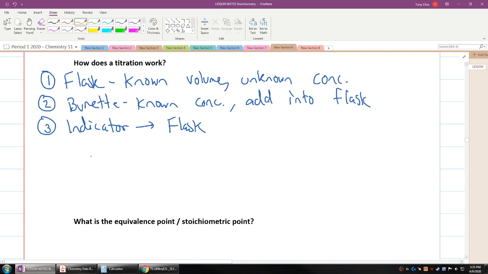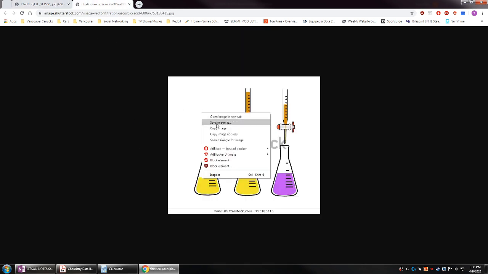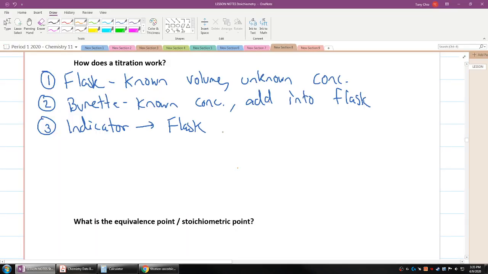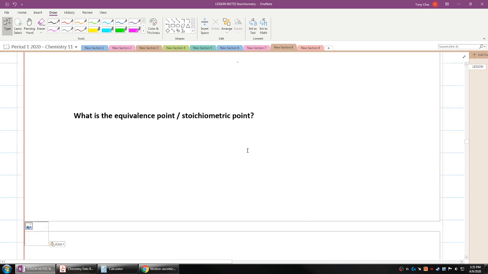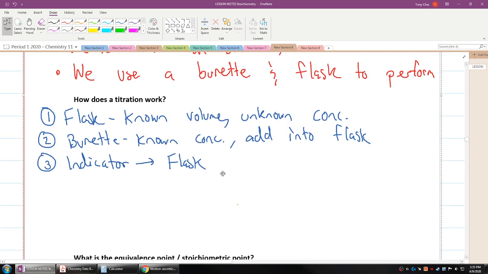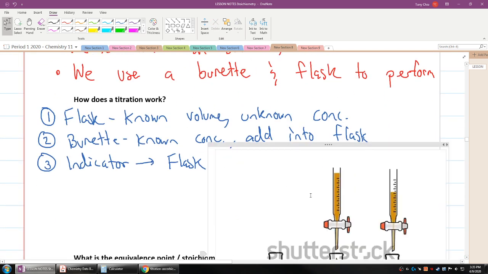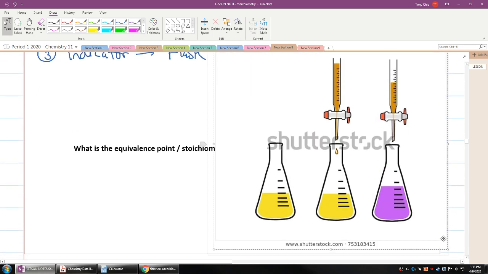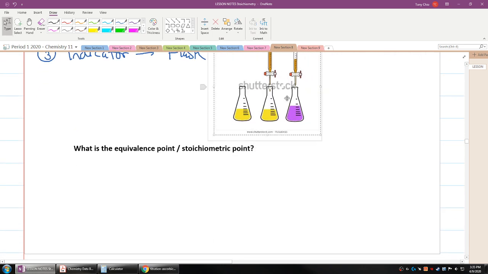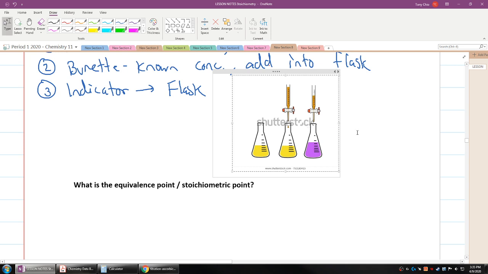So if I copy this picture in here, there we go, you're going to see that a titration works like this. You're going to have some unknown concentration in this flask with an indicator.